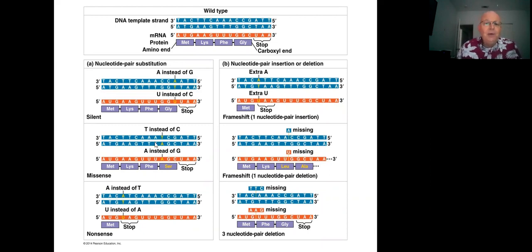This time, in this one, we're doing the substitution in the first nucleotide of the same codon. So the C now becomes a T, which means the G now becomes an A. AGC is a codon for serine. And this now becomes a missense mutation because you've changed a single amino acid, but the remainder is intact.